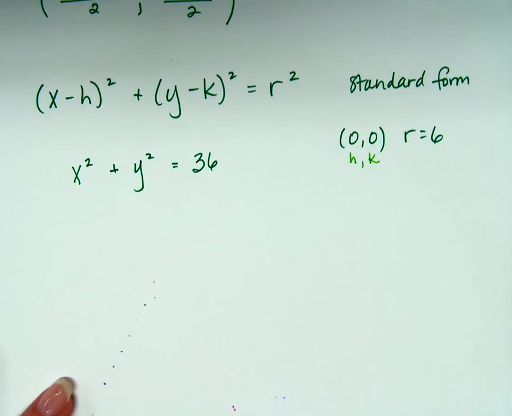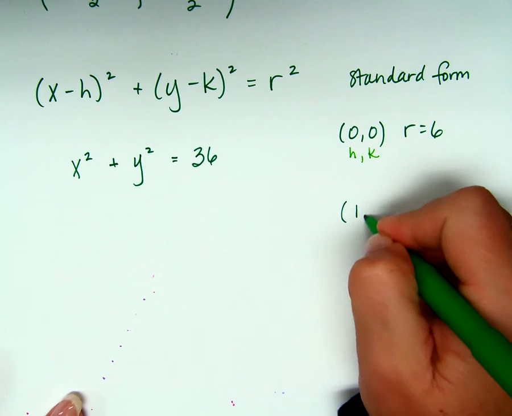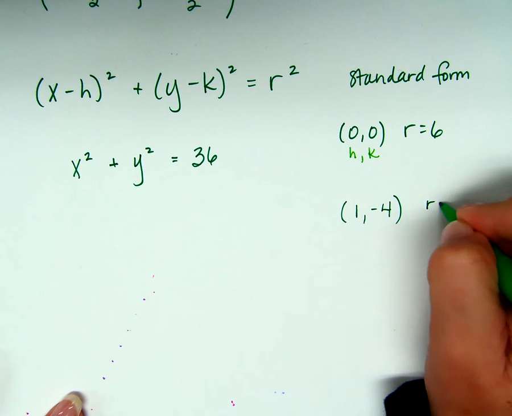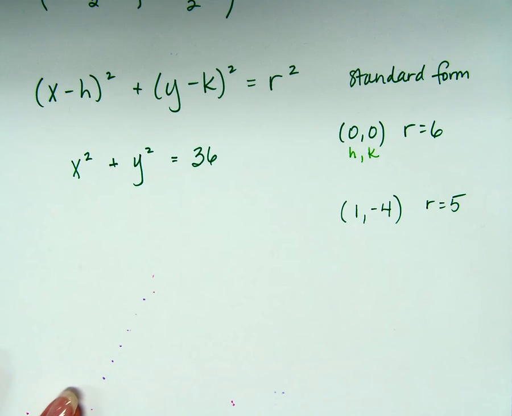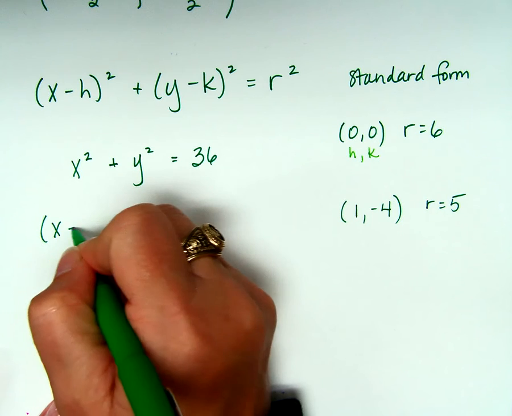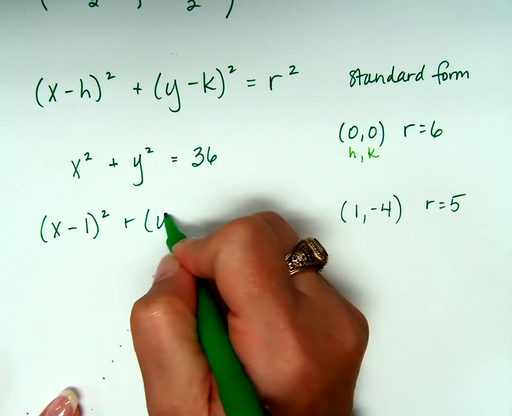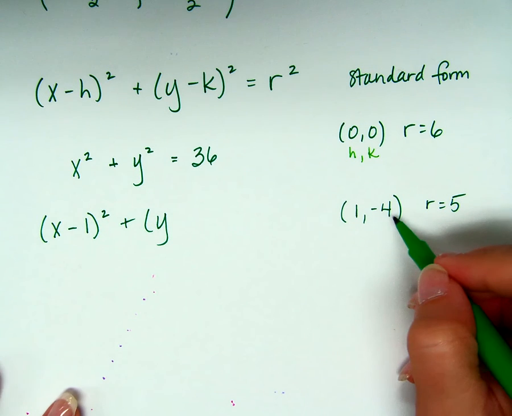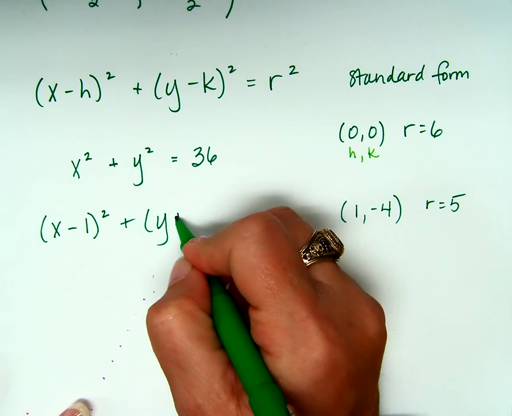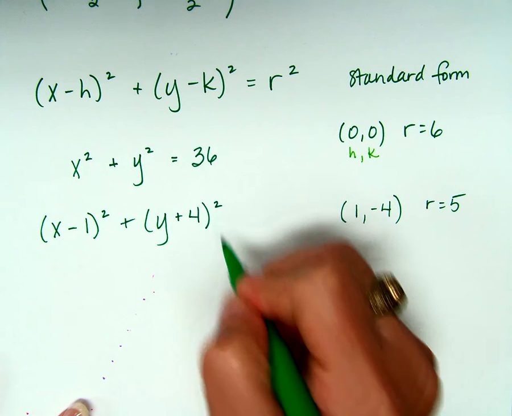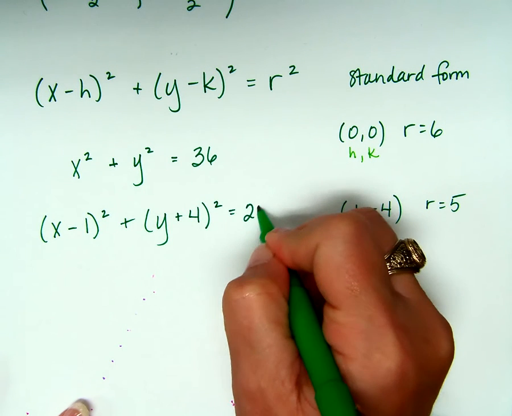Now it doesn't get a whole lot harder. Center 1, negative 4 with a radius of 5. x minus 1 squared plus y minus negative 4 squared equals 25.